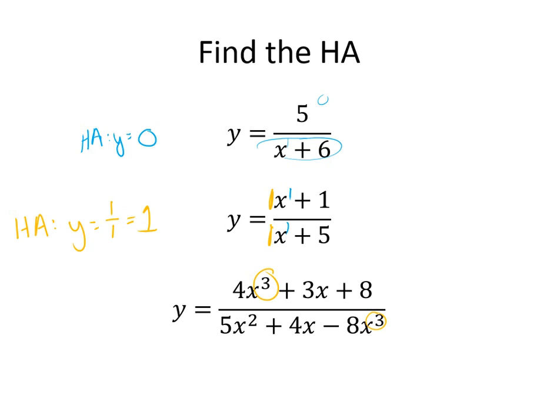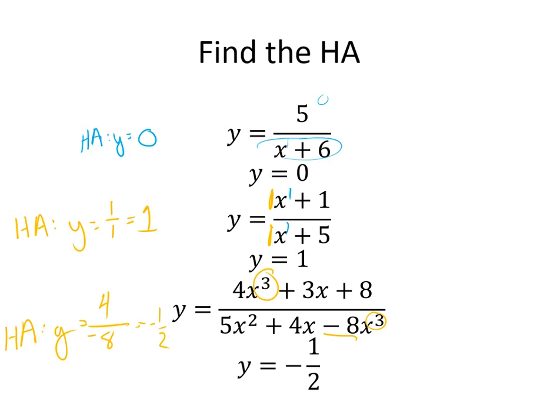So since they're the same again, we're going to take their leading coefficients. In this case, the leading coefficient of the top is 4, and the bottom would be negative 8. That reduces to negative 1/2. So your horizontal asymptote for the bottom would be y equals negative 1/2. And that's where your horizontal asymptotes are.